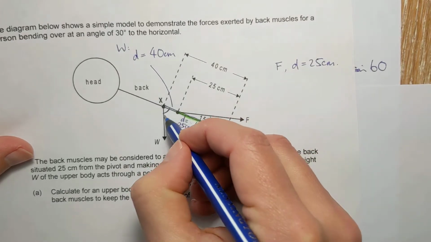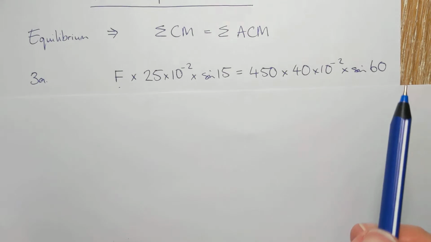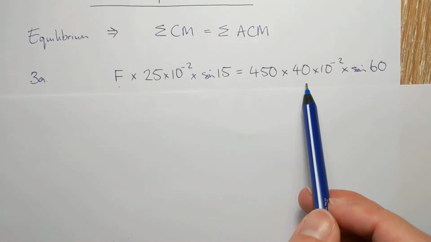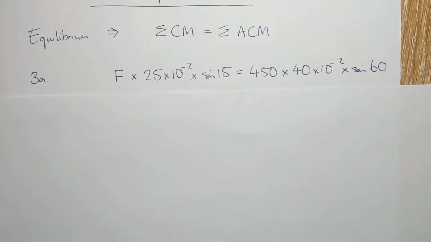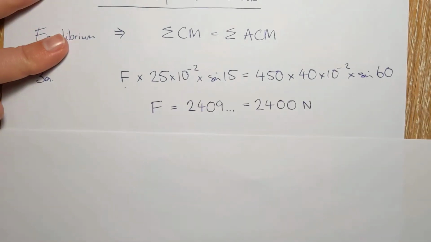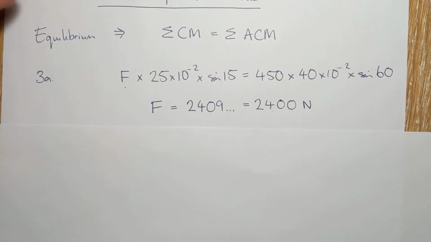If that's 30, then this one is 60 degrees, so sine 60. Size of the force times size of the displacement times sine of the angle between them. And so that gives us, to two significant figures, 2,400 newtons.